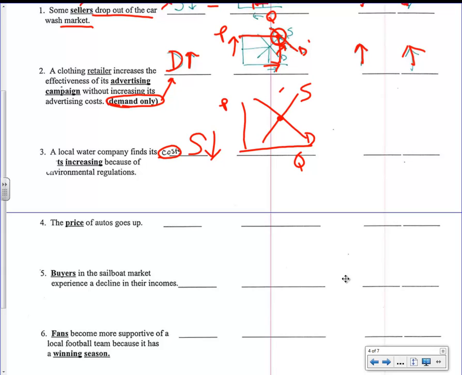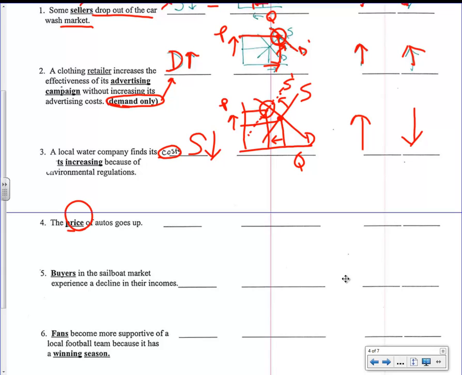We're going to take our supply curve and shift it to the left. Here's our new equilibrium price. Here's our old equilibrium price. So price went from here to here. Quantity was here. It's now here. So equilibrium price goes up. Equilibrium quantity goes down because we have a reduction in supply.